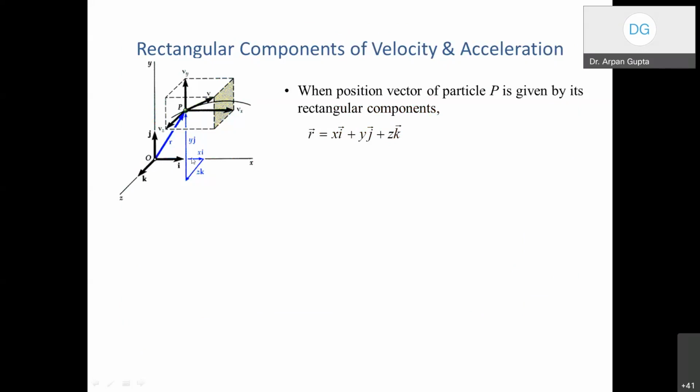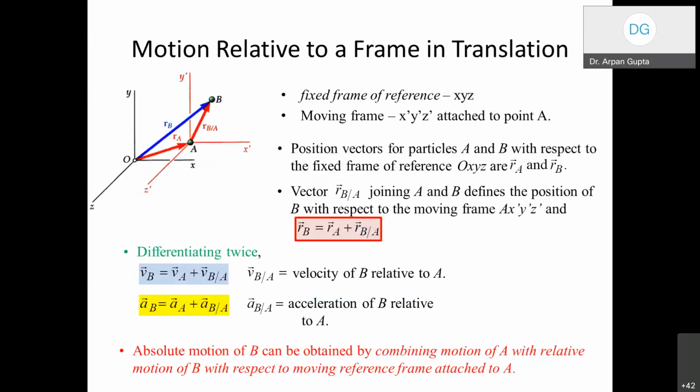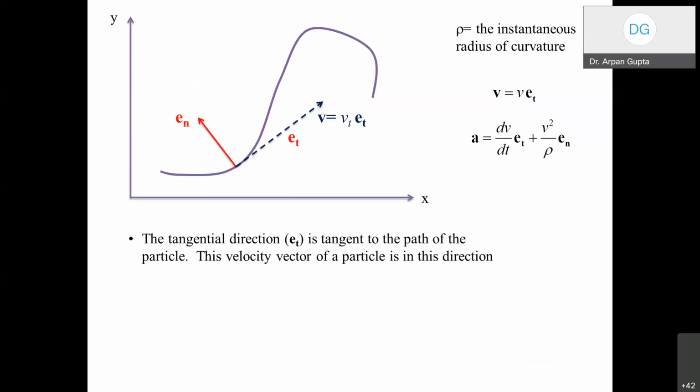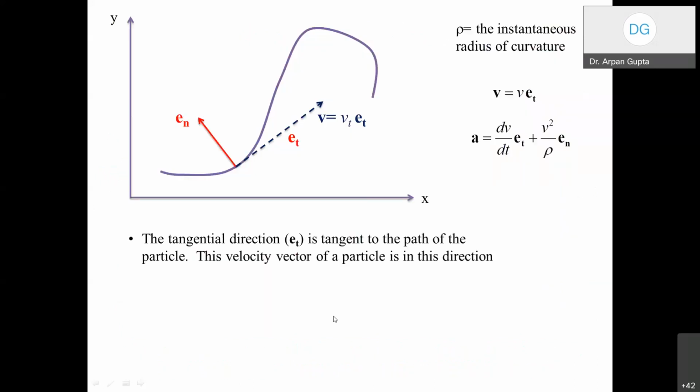We are observing the particle P having certain complicated motion. Now, the other kind of coordinate system that we saw in the last class was what is called tangential and normal coordinates, or path coordinates.